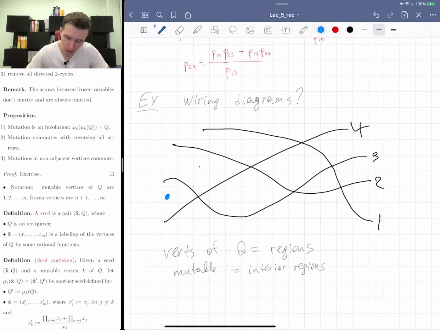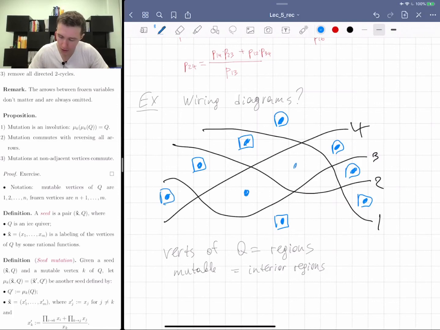So let me draw, these are all vertices which are frozen, so I'm going to box these. But then the interior ones are mutable.